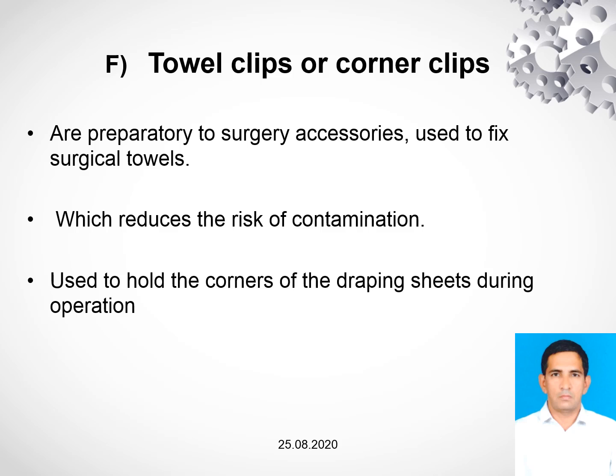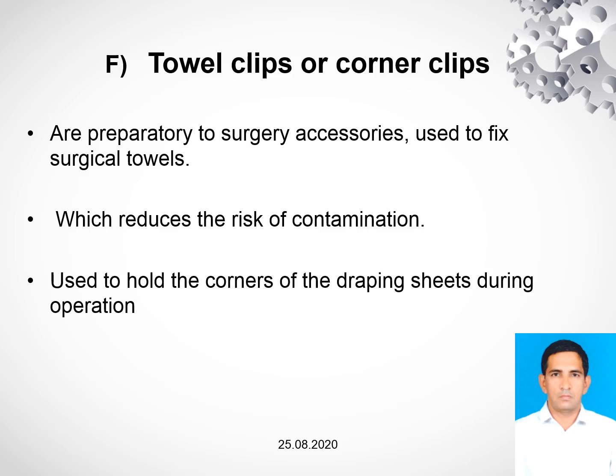Towel clips are instruments that have proved to be indispensable in surgeries. One of their primary functions is to hold drapes in place to keep only the operating field exposed.